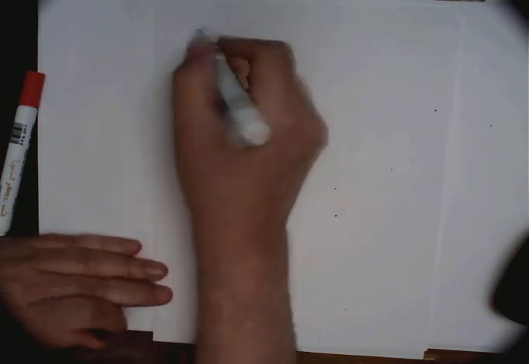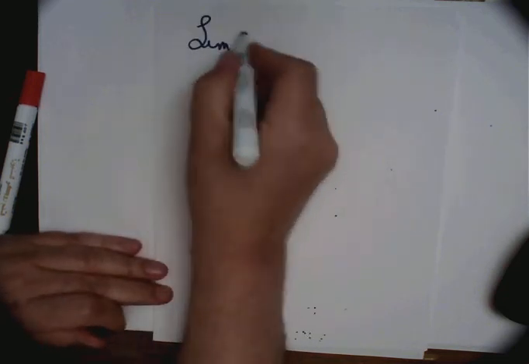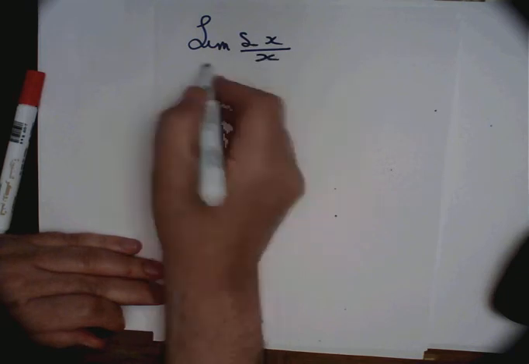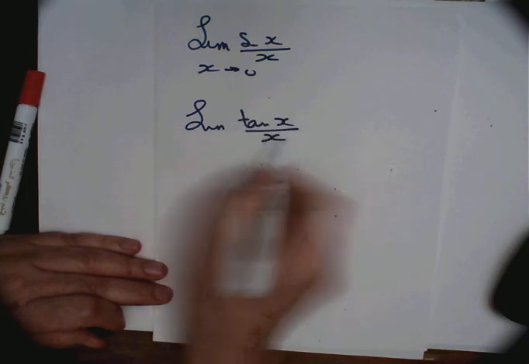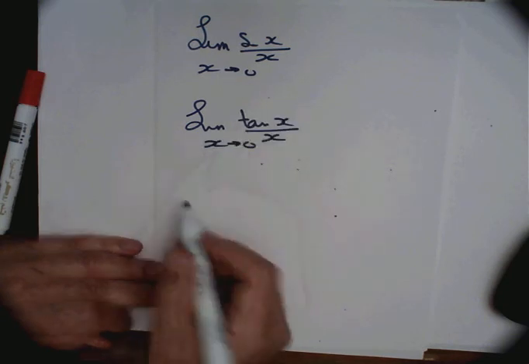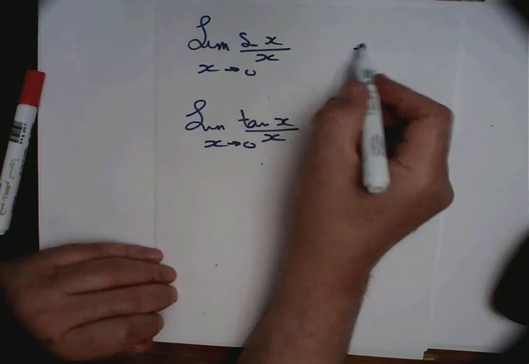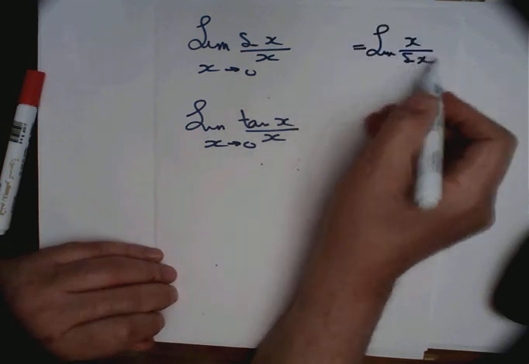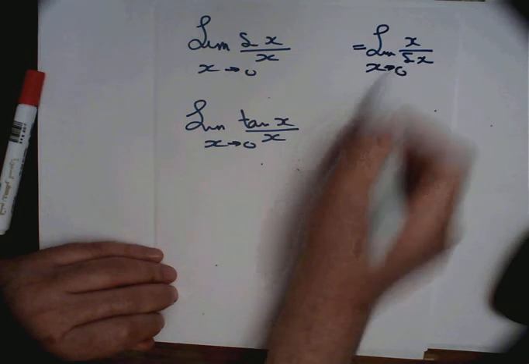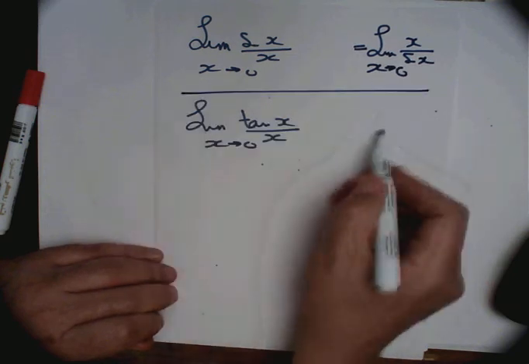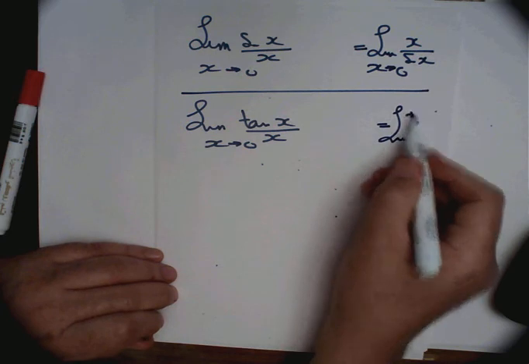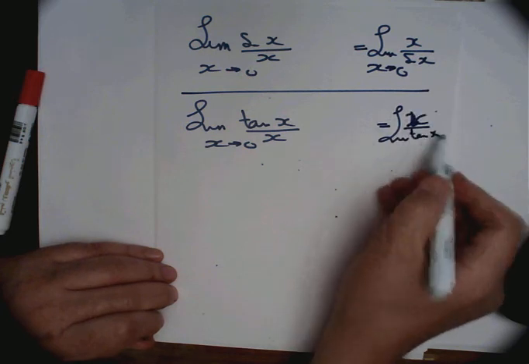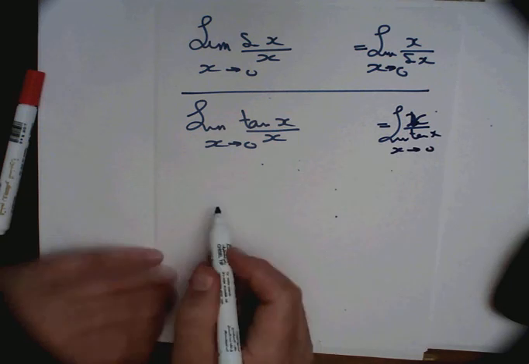The first one is limit sine x over x as x approaches 0, and limit tan x over x as also x approaches 0. In fact, this will be the same as limit x over sine x as x approaches 0. Also, the second one will be the same as limit x over tan x as x approaches 0.